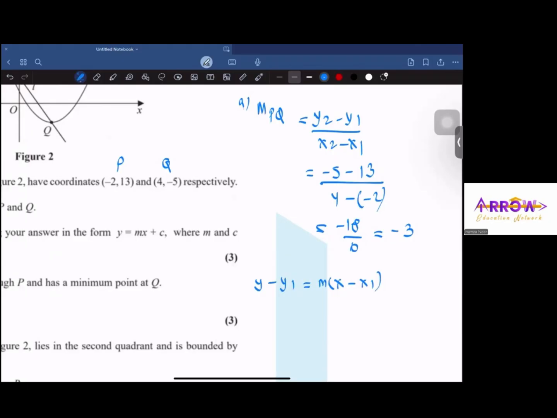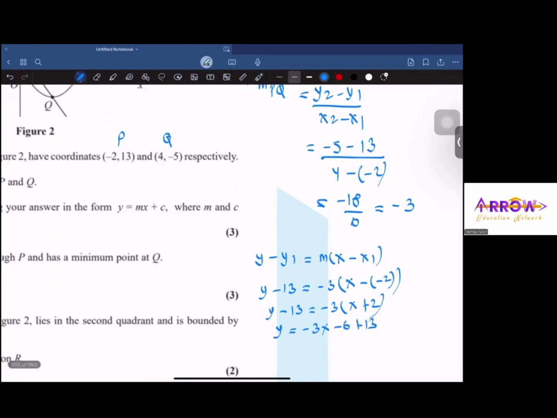Okay, so I'm using point P. You can use point Q. So y minus 13 equals minus 3 multiplied by x minus minus 2. So y minus 13 equals minus 3 multiplied by x plus 2, meaning y equals minus 3x minus 6 plus 13. So y equals minus 3x plus 7.